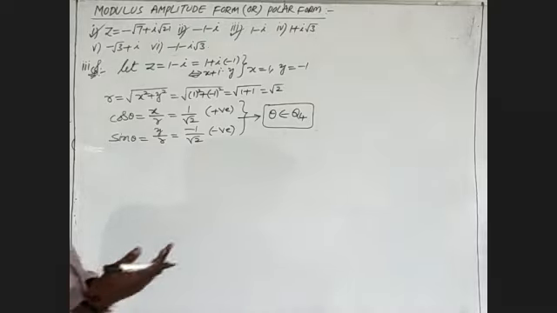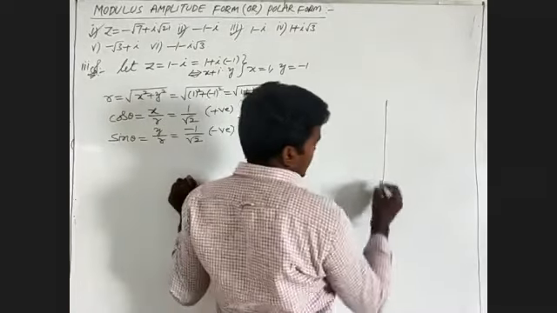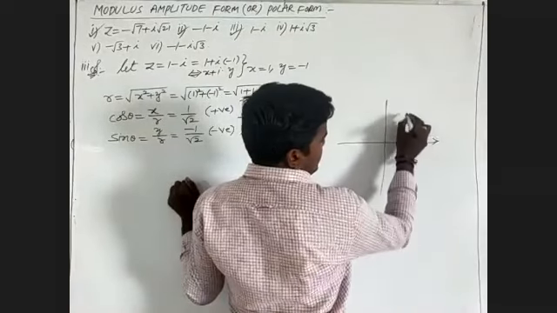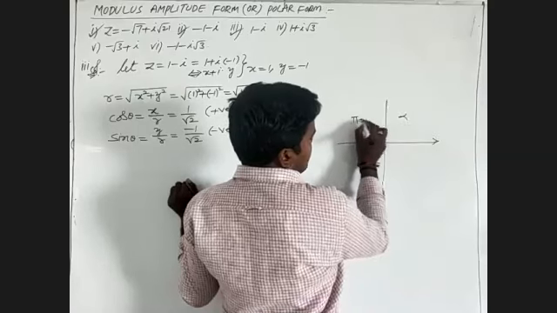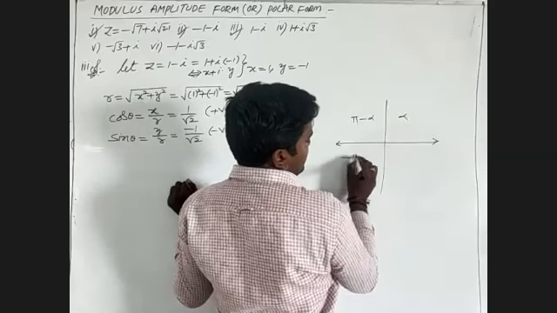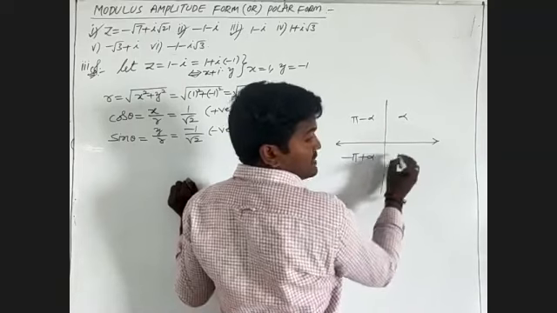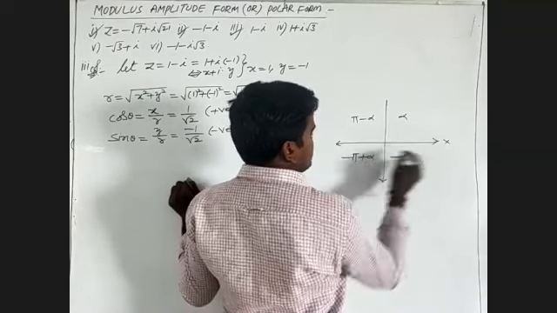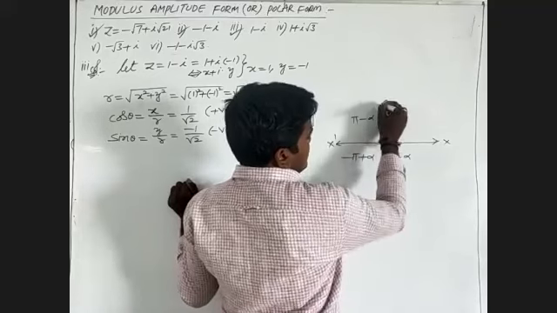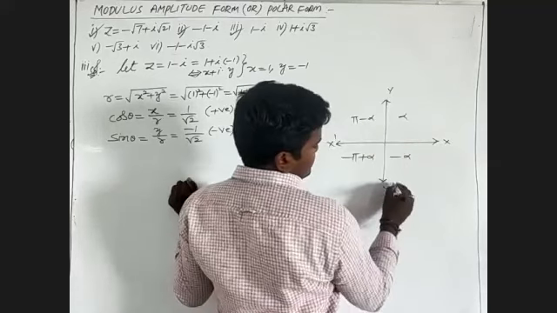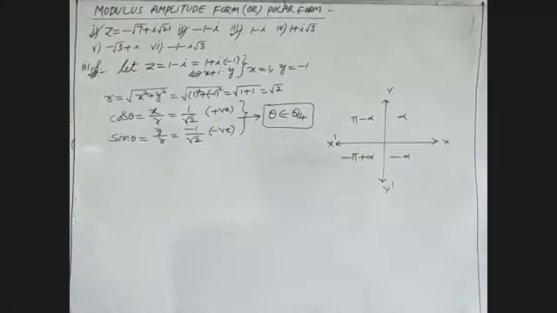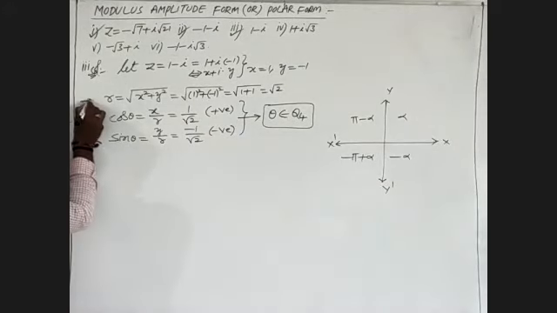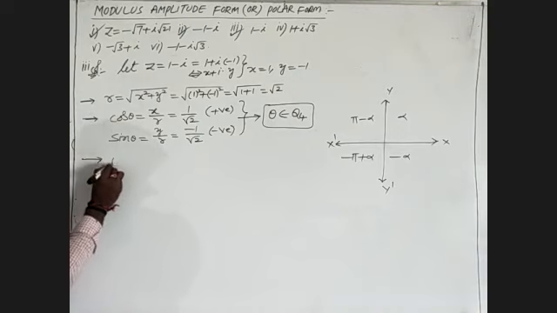Theta lies in quadrant 4 means, what is the polar quadrant form? The first quadrant is alpha, the second one is pi minus alpha, the third one is minus pi plus alpha, the fourth one is minus alpha. This is x, this is x dash, this is y dash. Next we have to find out the value of theta.